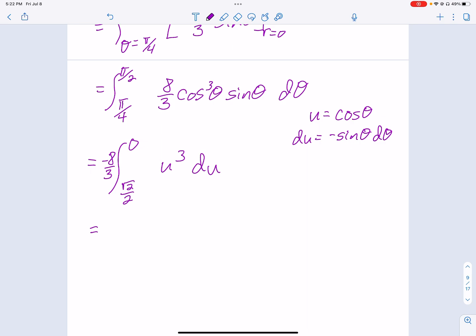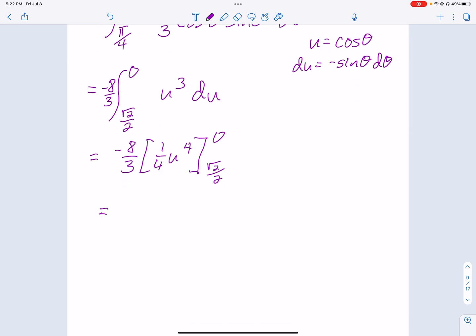Right, so we get now negative 8 over 3 times 1 over 4 u to the fourth from rad 2 over 2 to 0. Right, so we plug that in. We get negative 8 over 3 times 1 over 4 times rad 2 over 2 to the fourth.